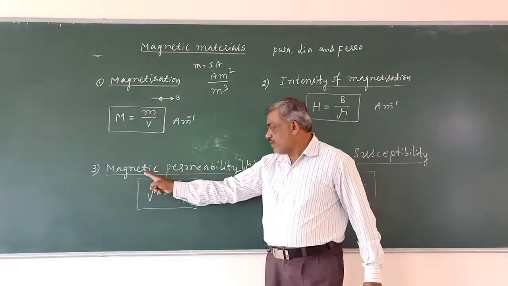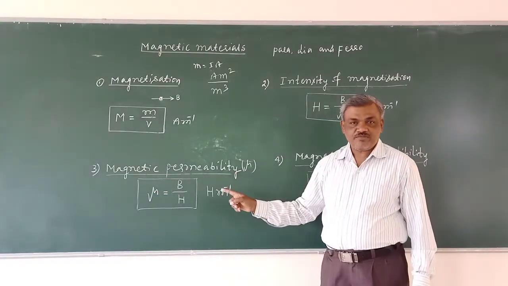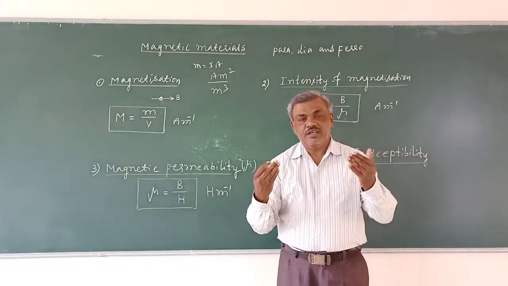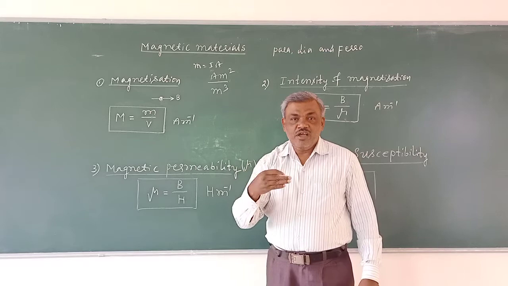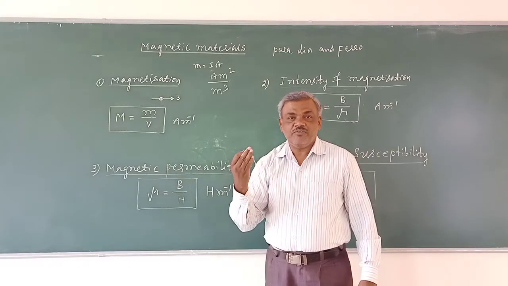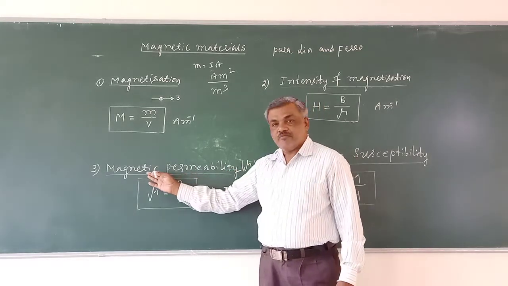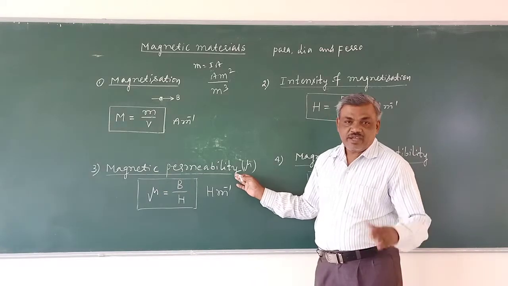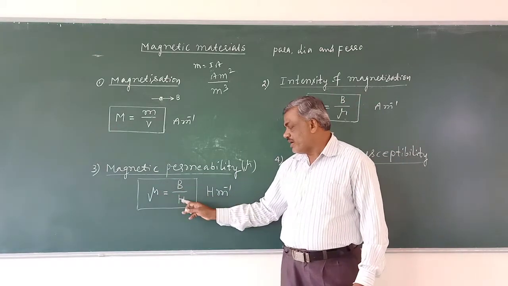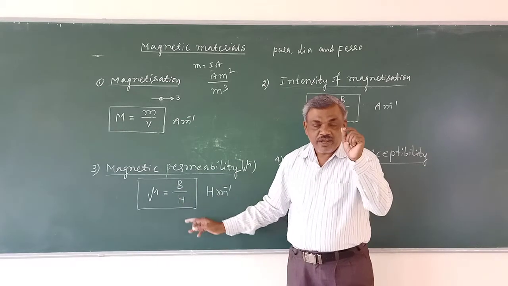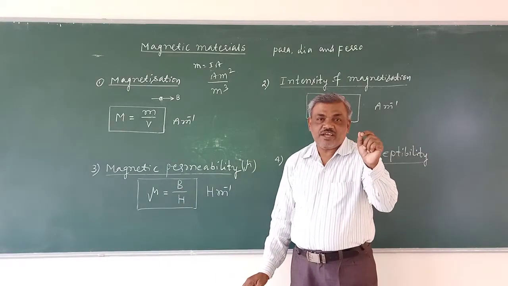Third, magnetic permeability. A given specimen is kept in a magnetic field and gets magnetized. How to measure the strength of the field with the help of magnetic permeability? The magnetic permeability symbol is mu. Mu equals B by H. B is the magnetic field or magnetic induction.